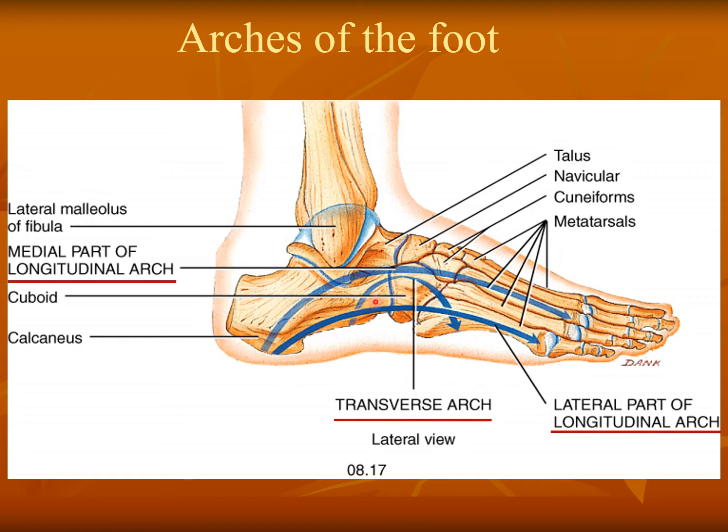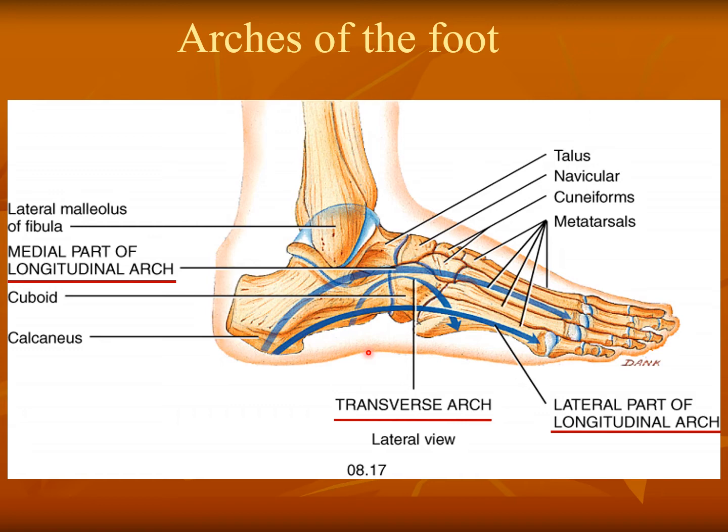So already you have talked about the sole of the foot. While moving, these arches and also the shape of the sole of the foot help us to walk on uneven surfaces. That's why the architecture of the bone is like that, and also the arrangement of the muscles is like that, because these arches and the bony structures help the foot to move on uneven surfaces.